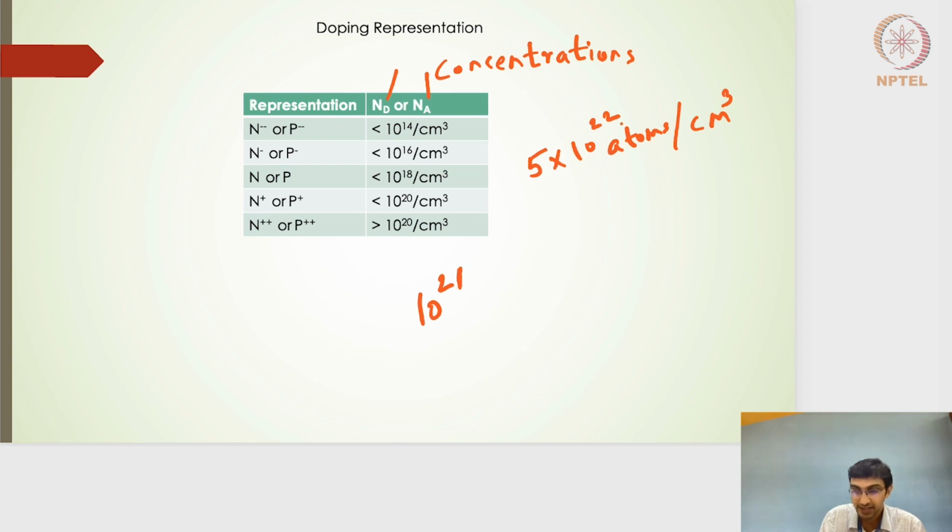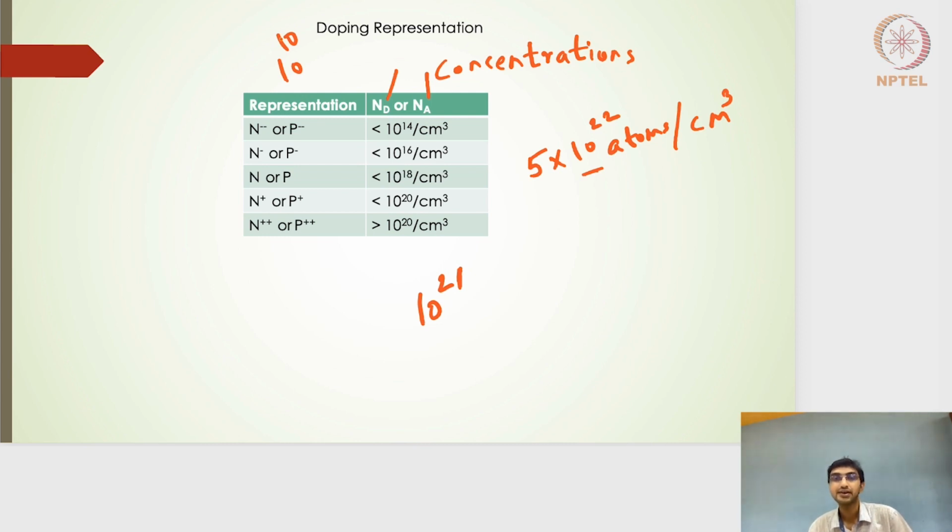It cannot be more than 10 raised to 22 because it will then destabilize the overall silicon structure. But we can introduce a maximum of 10 raised to 21, and we can go as low as 10 raised to 10.